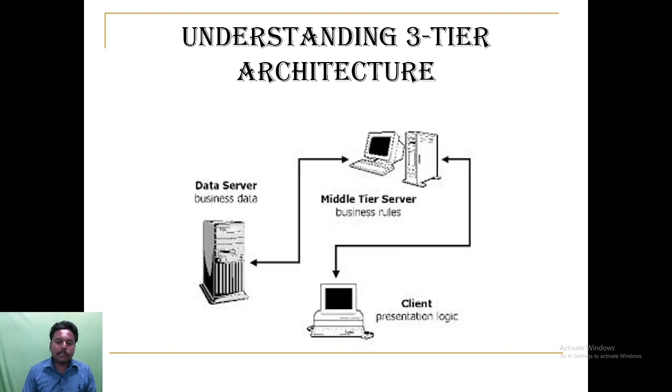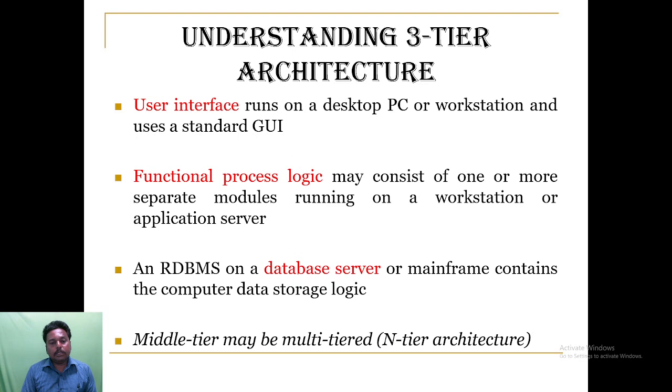The data server receives all the business data, and the middle tier server performs the applications and rules. Something like that: client, presentation, logic. The logic is the communication performed by both the client as well as the server. The user interface runs on a desktop PC or workstation and uses a standard GUI.